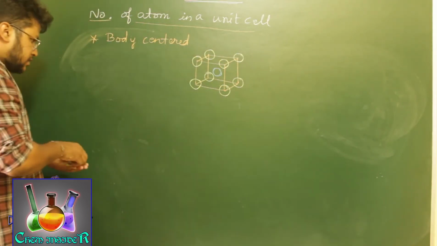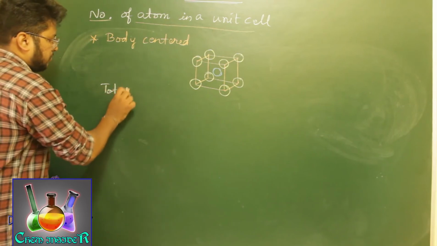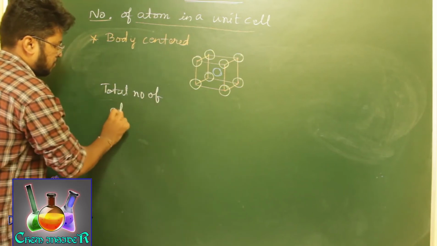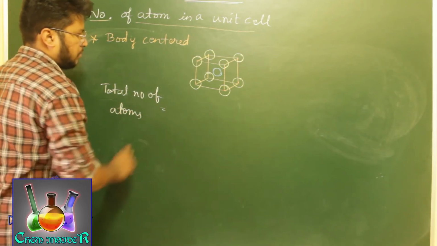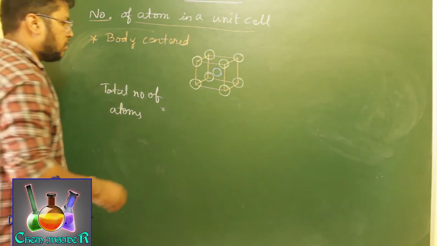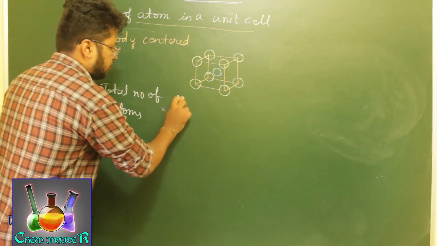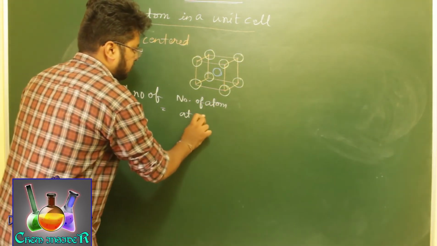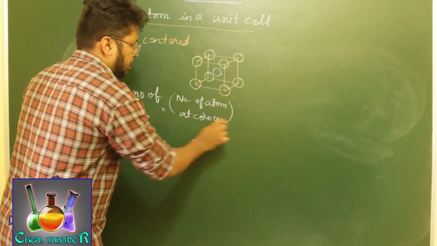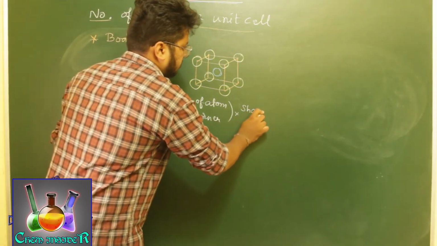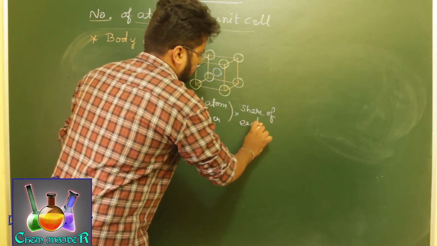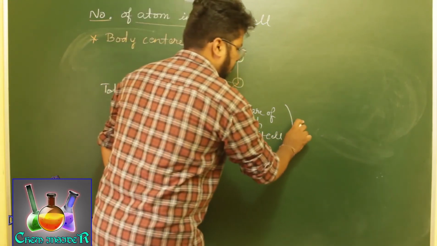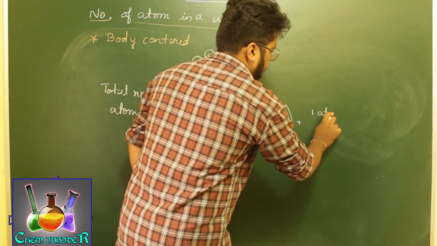Now for this, the total number of atoms will be: there are 2 types of atoms over here, one present at the corners, therefore number of atoms at the corners and share of each unit cell at the corner, and along with this we have one more atom, that is one atom at the center.